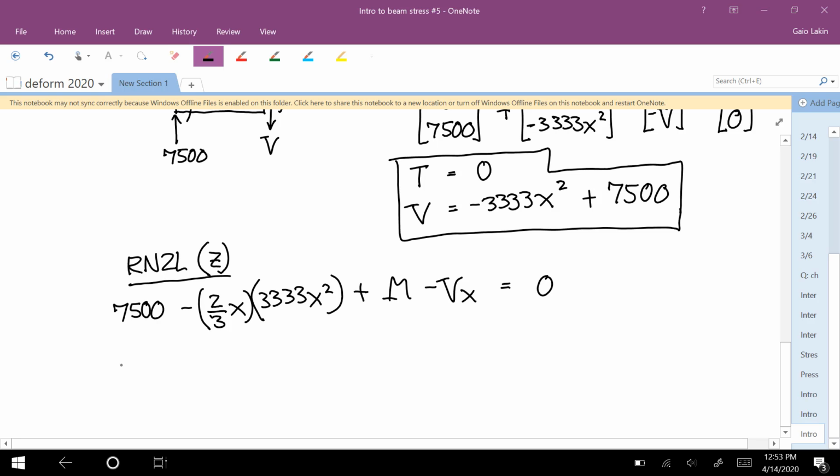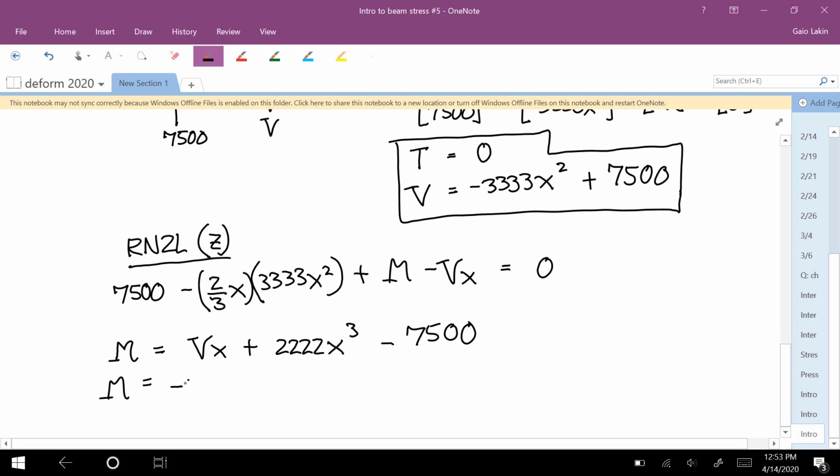And so we have m is equal to vx plus 2222x cubed minus 7,500. Now plug in what we know about v.